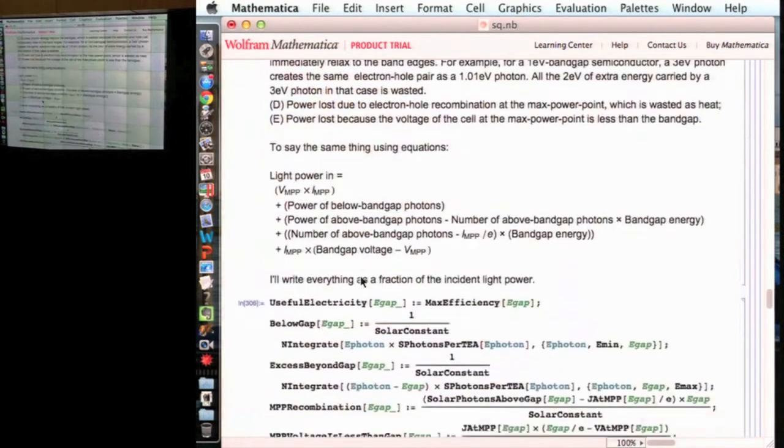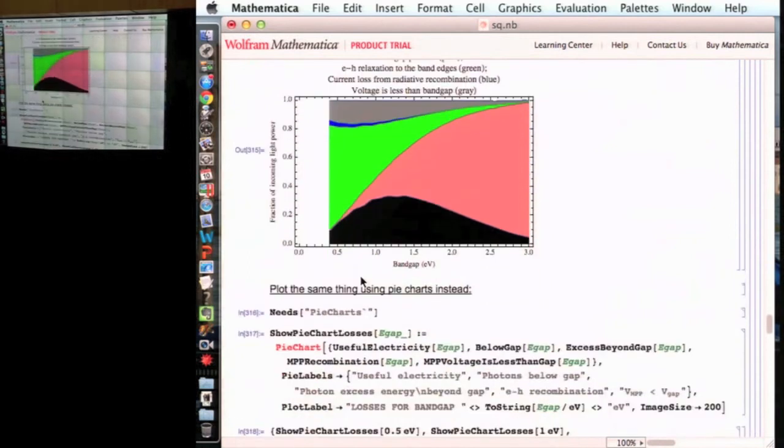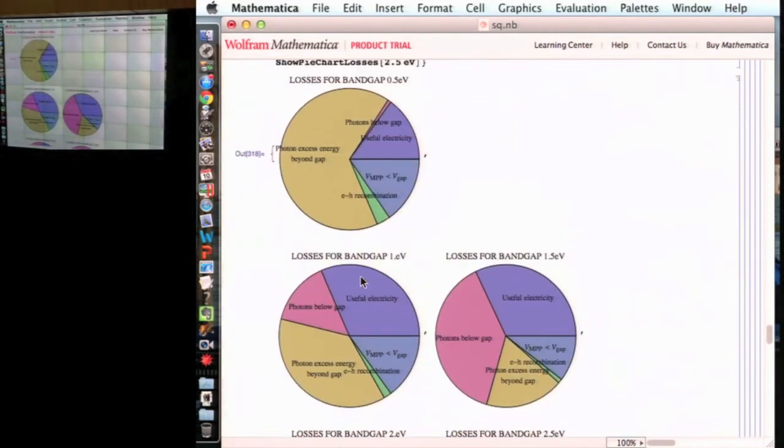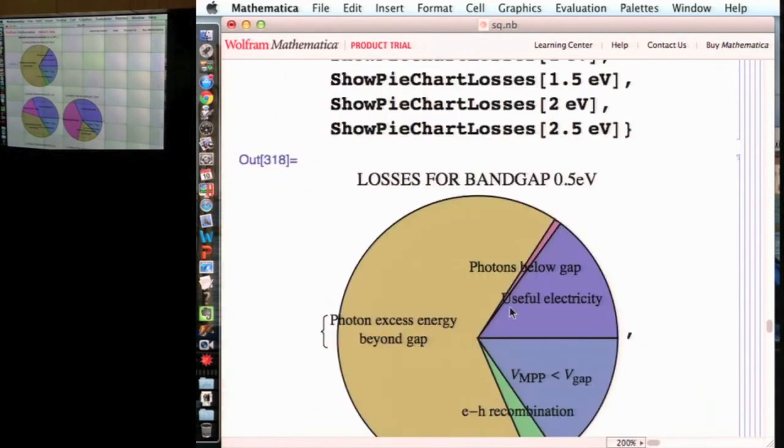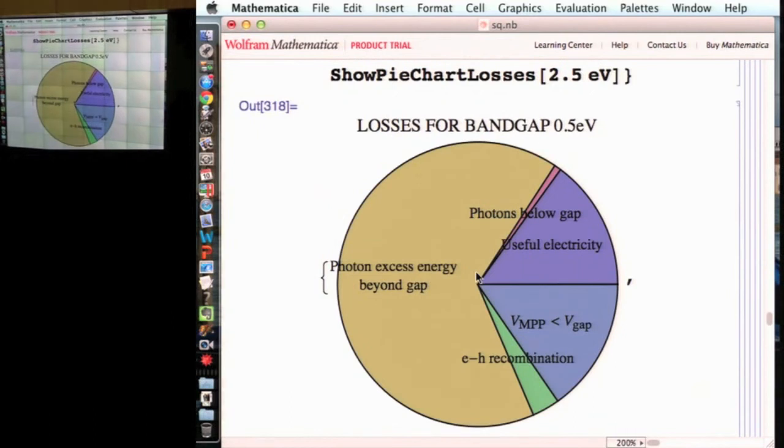And the part I like the most is what these pie charts show. Let's compare the losses in a cell which has a band gap of 0.5 eV. I have very few photons below the band gap.